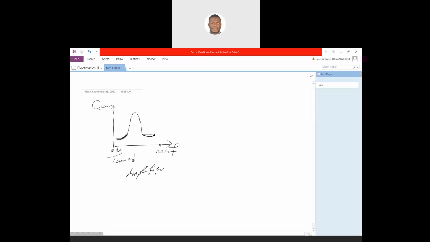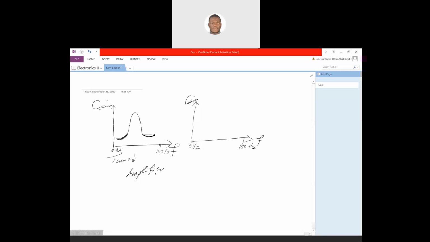The higher frequencies. Okay? Now, when we take the wideband amplifier and we take this to be 0 hertz and here to be 100 hertz, this is our frequency, this is our gain.